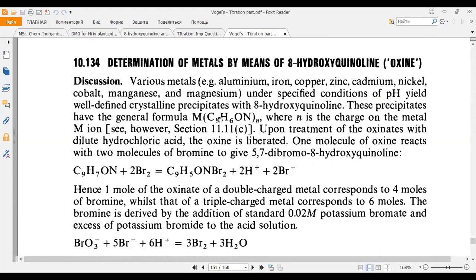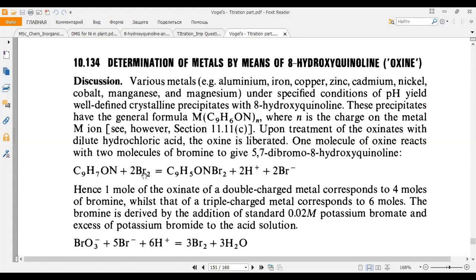It is saying that various metals like aluminum, iron, copper, zinc, cadmium, nickel can, under specific pH conditions, form well-defined crystalline precipitates with 8-hydroxyquinoline. This precipitate has this general formula: 8-hydroxyquinoline with the metal and n for the charge on the metal. Upon treatment of the oxinate with dilute HCl, you liberate the oxine. It gives you back the oxine, and one molecule of oxine reacts with 2 molecules of bromine to give this.